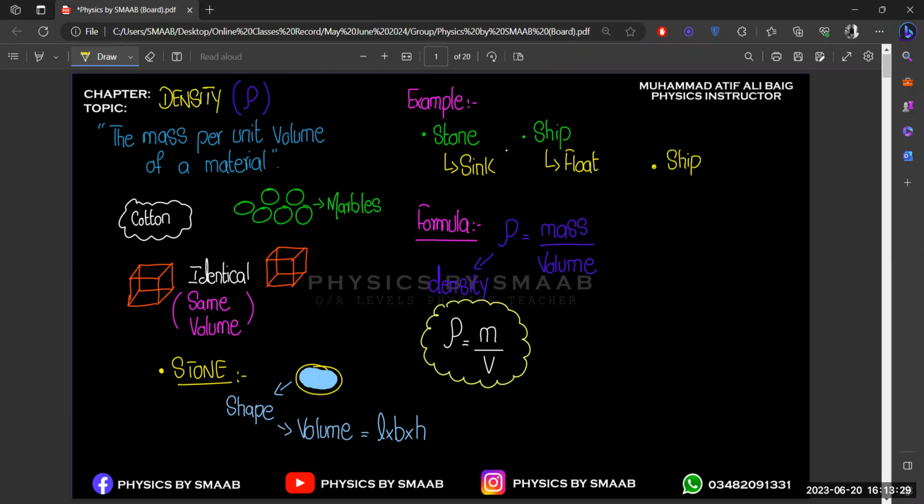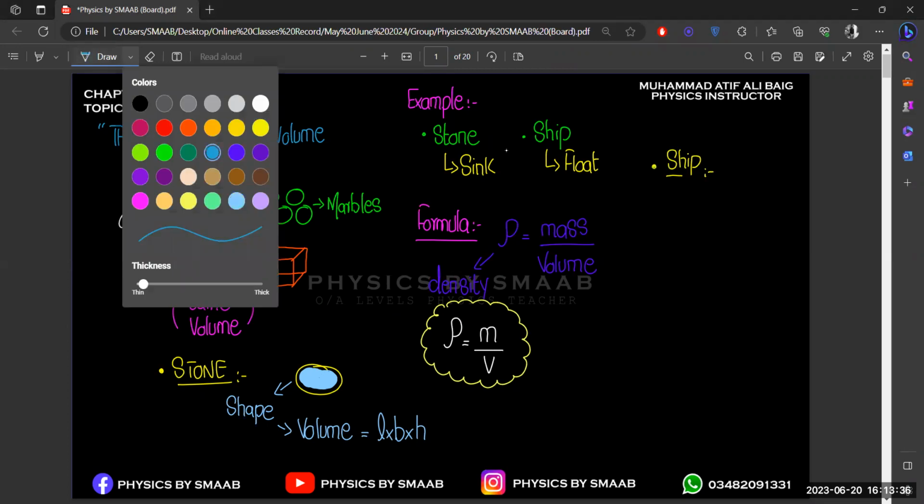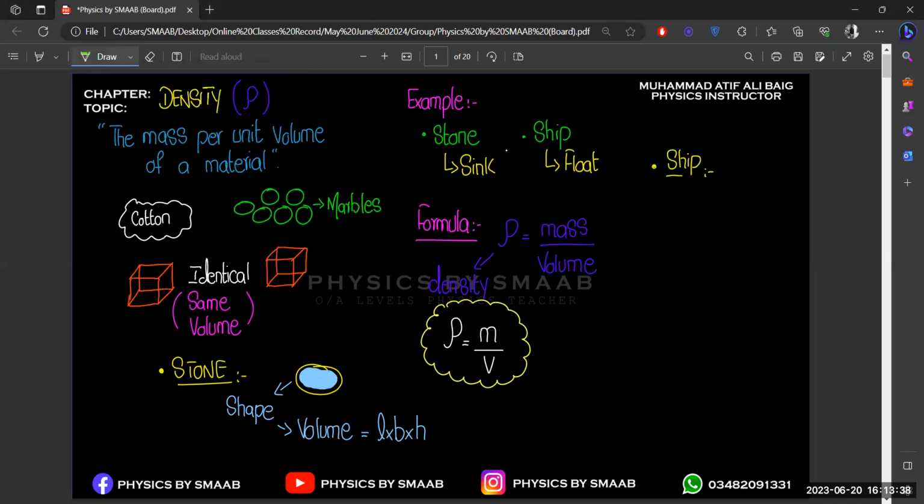If we consider the example of a ship, we need to consider a huge shape as compared to the stone. Let's suppose we are talking about a type of ship or a boat, and we have sea water under it.